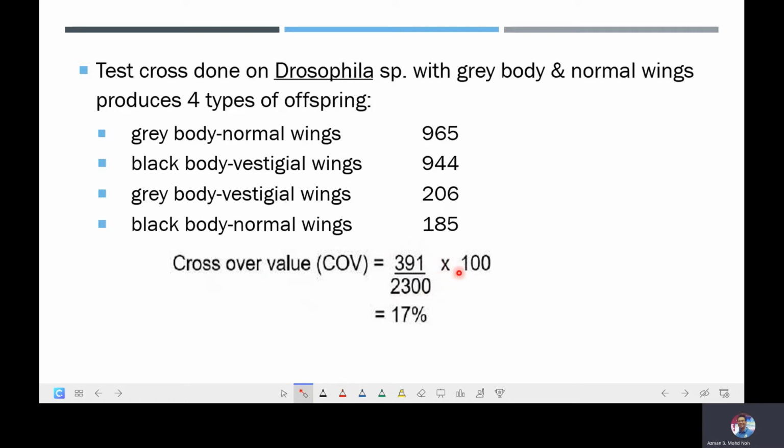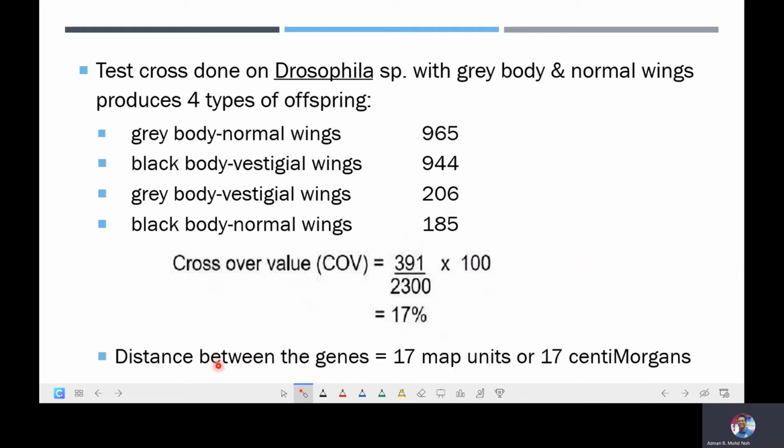And then we times with 100. And the crossover value will be 17%. And so the distance between the genes will be 17 map units, or you can also say that the distance will be 17 centimorgans.